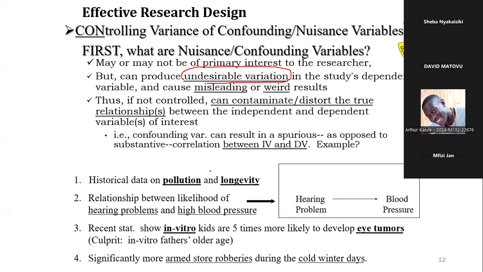Here we have an example. If I can first remove this. So here are just some examples. They are on the medical side. Maybe in studying hearing problems, you may find the issue of blood pressure comes through.